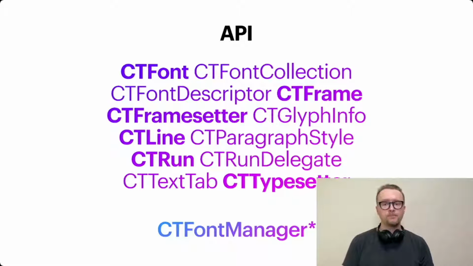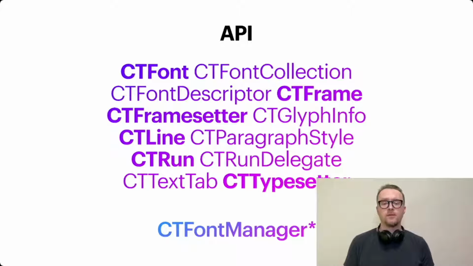So, the API. The CoreText API is not very rich, although it's very powerful. Here I listed I think all the types that you will deal with, and in this talk I will mention and describe just a few of them, but the most crucial are CTFont, CTFramesetter, CTLine, CTRun, and CTTypesetter.